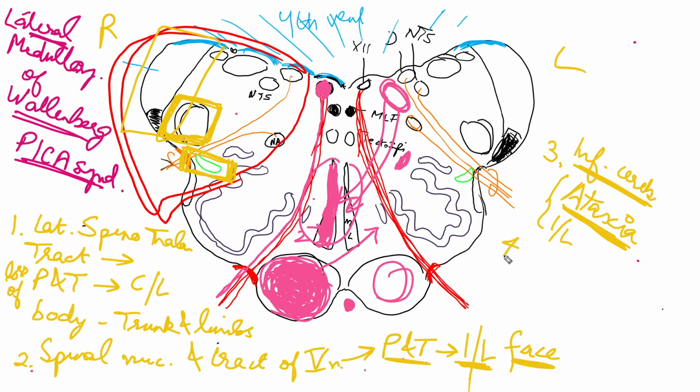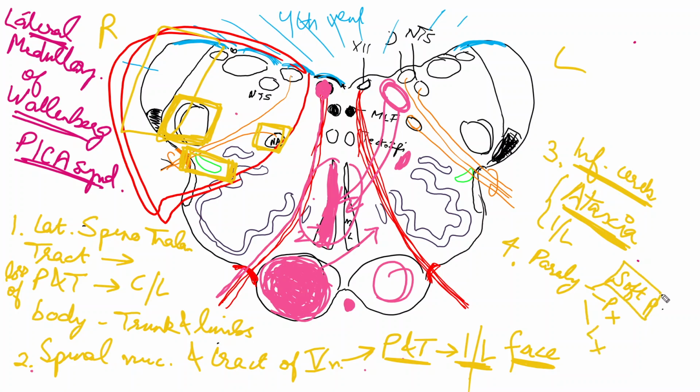And finally, which other structure? The nucleus ambiguus, because this is also being affected. This leads to paralysis of muscles supplied by the 9th, 10th and 11th nerve, which include the muscles of soft palate, pharynx and larynx.